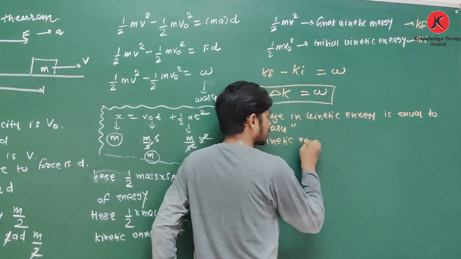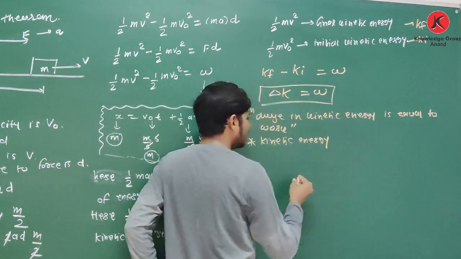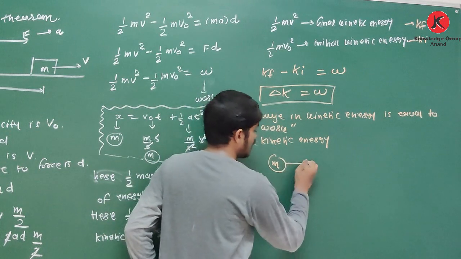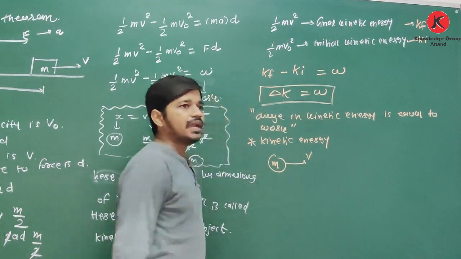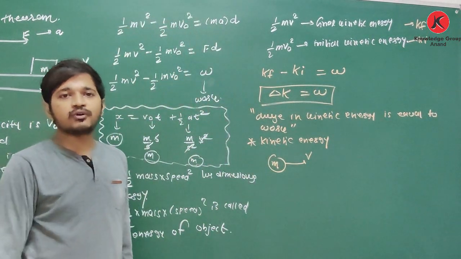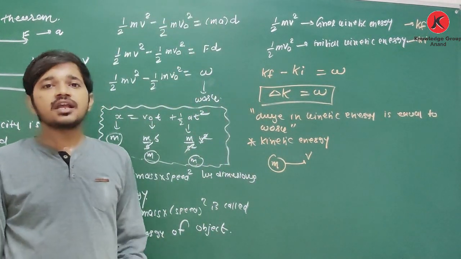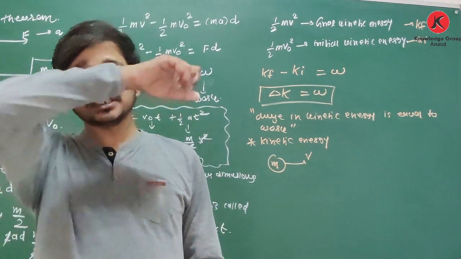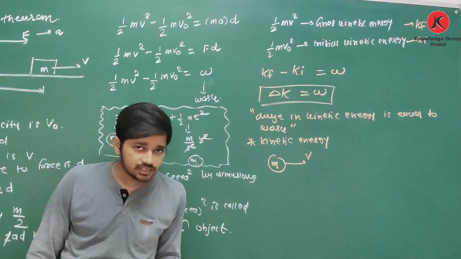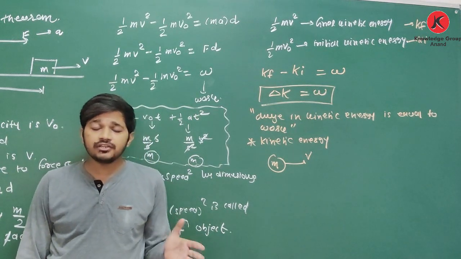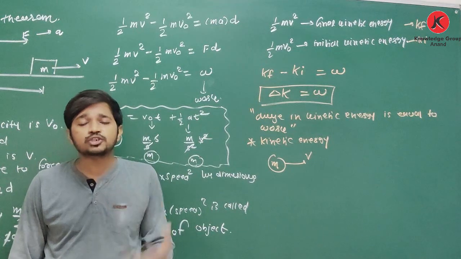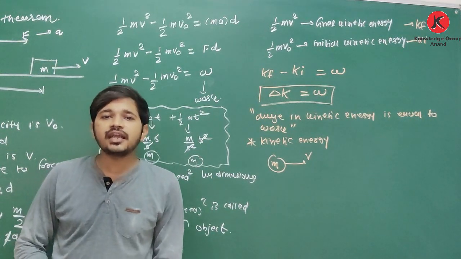What is kinetic energy? If we have an object of mass m moving with speed v, then energy by virtue of its motion is called kinetic energy. Ability to do work is energy. Now ability to do work by virtue of its motion is called kinetic energy.